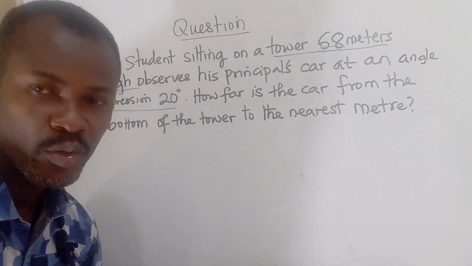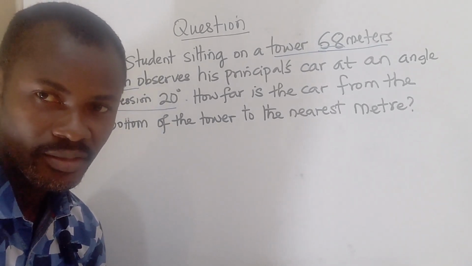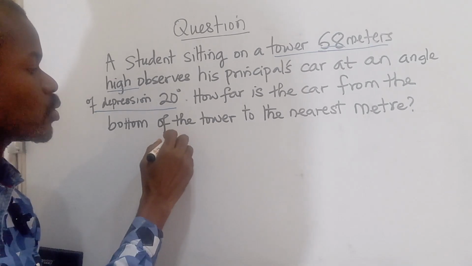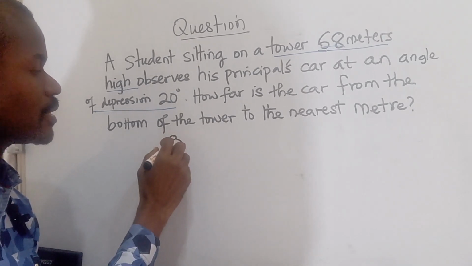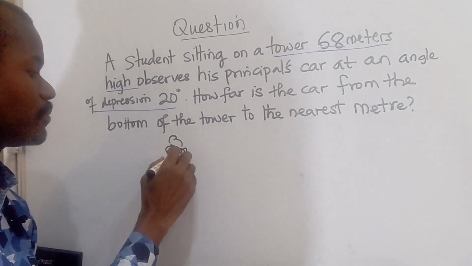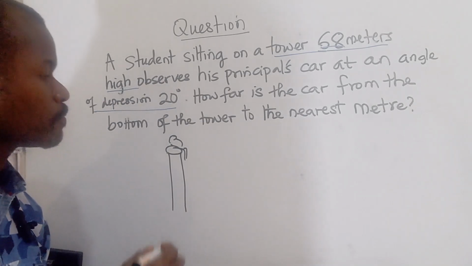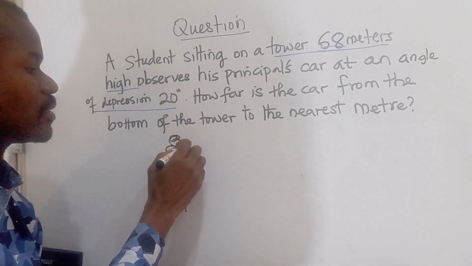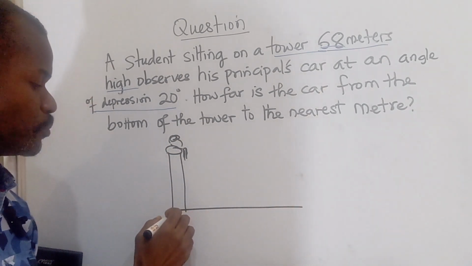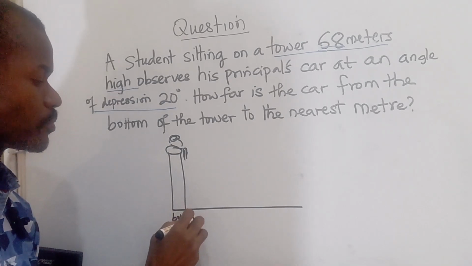All we need to do is represent this in a drawing for clarity so that we can solve it. Let's say this is the student, sitting on top of the tower, and this is the tower. This is the bottom of the tower.